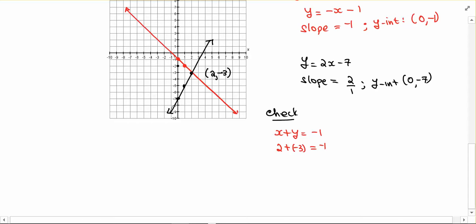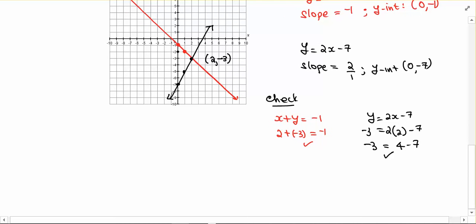So that appears to work. 2 minus 3 is negative 1. And let's do the other one. y equals 2x minus 7. So 2 times x is 2, y is negative 3. That's 4 minus 7. 4 minus 7 is indeed negative 3. So that works. So 2, negative 3 is where they cross.